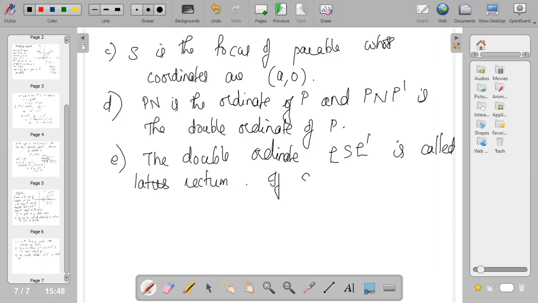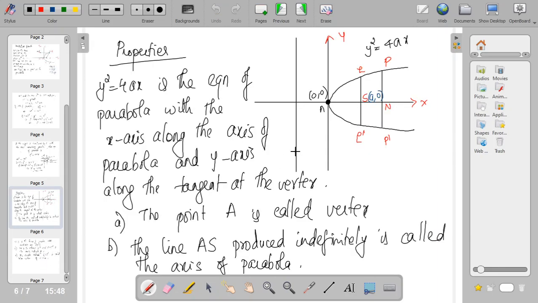And if you have SL equal to b, so if the ordinate of L is equal to b, so then the point L, its coordinates will be A, b. Now if this L has coordinates A, b, it will satisfy the equation y square equal to 4ax. So that will give b square equal to 4a square.